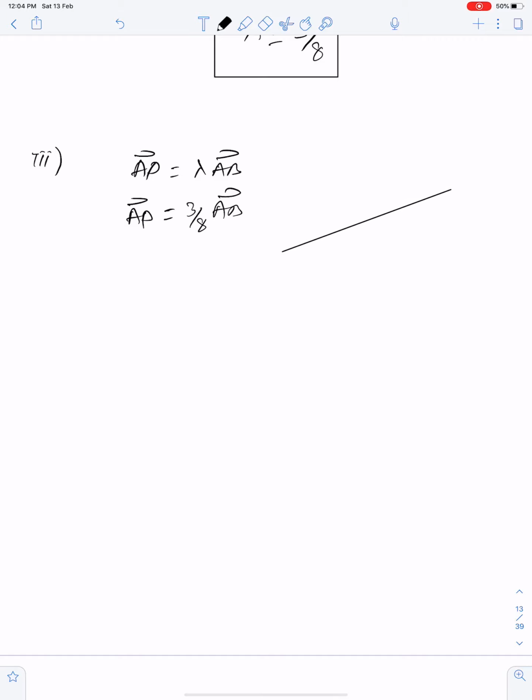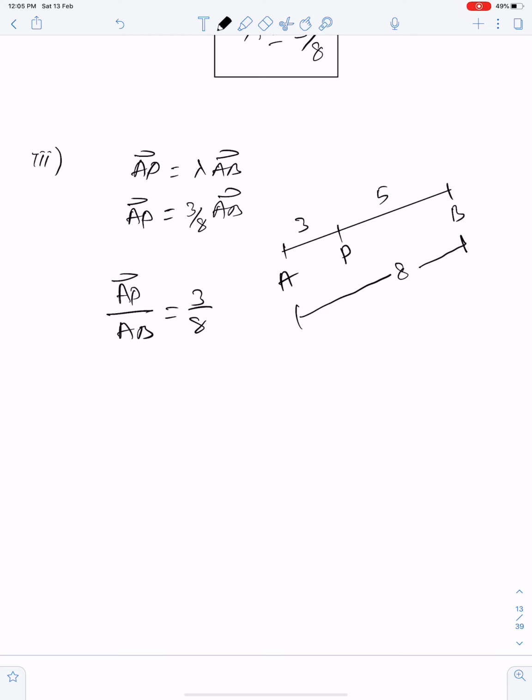Therefore, this means AP has length 3 in ratios, and AB is of 8 in ratios. So this should be 5, because this 3 means the length of AP, and this 8 means the length of AB.